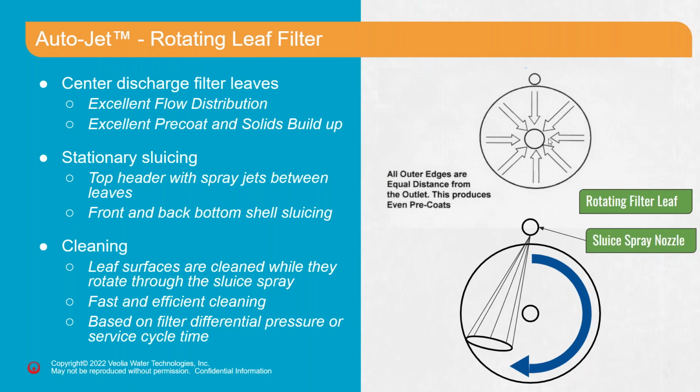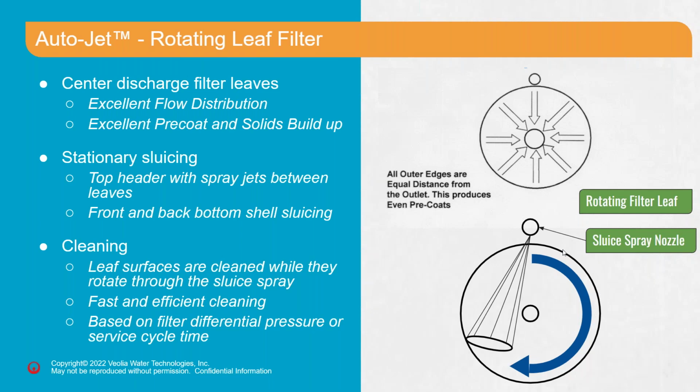Also, the Auto-Jet has a fixed spray header with slew spray nozzles for cleaning each side of the leaf. So during the cleaning cycle, the leaf rotates while the spray nozzles clean both of the leaf surfaces.